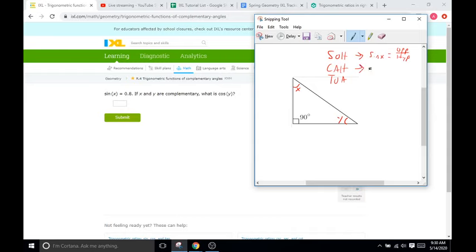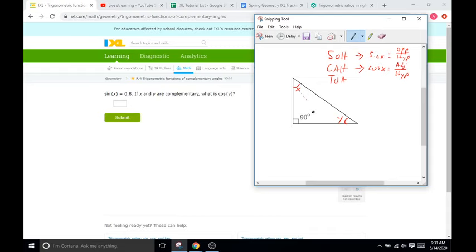And for cosine, cosine of x is adjacent, as in the side next to that angle, over the hypotenuse of that triangle. Okay, so this should be reviewed at this point. So I want you to think about this. Sine of x is going to be 0.8, meaning the opposite over the hypotenuse.